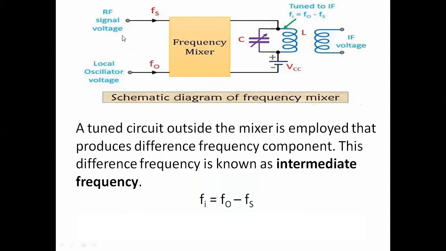The schematic diagram of a frequency mixer is shown here. The RF signal voltage and the local oscillator voltage have a source frequency Fs and an oscillator frequency F0. By sending them to the frequency mixer and tuning to the intermediate frequency, we produce the difference, the oscillator frequency minus the source frequency.